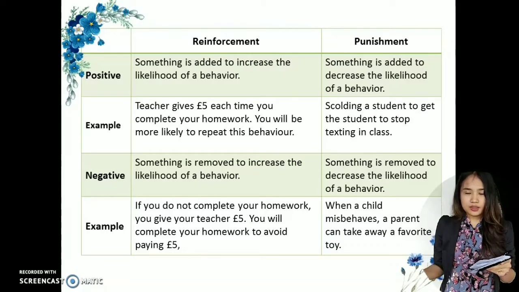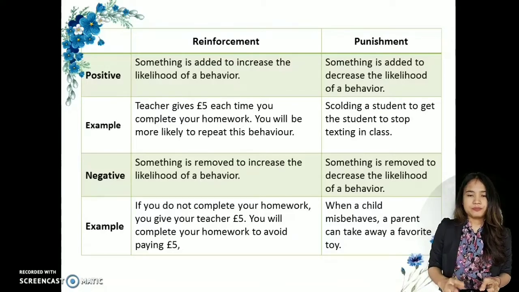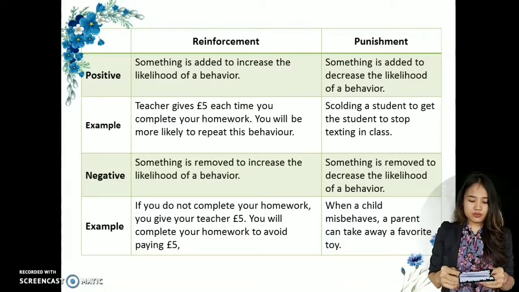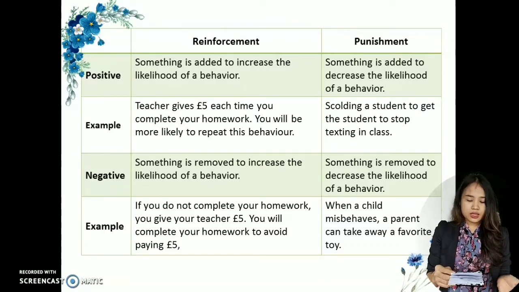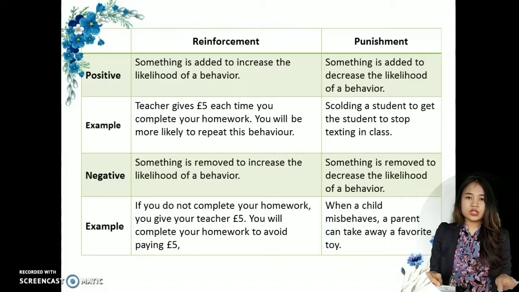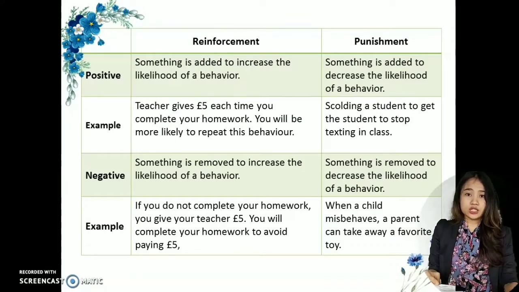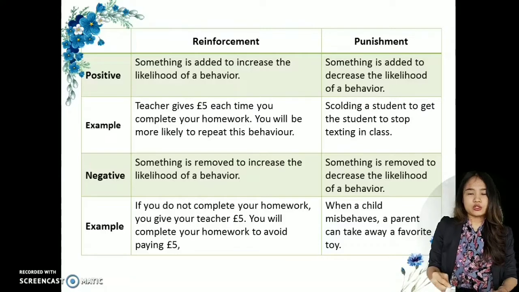And negative punishment means that you remove something to decrease the likelihood of a behavior. For example of negative reinforcement, if you do not complete your homework, you will have to give your teacher money, and to avoid giving your teacher money you will do your best on the homework and get the best score.